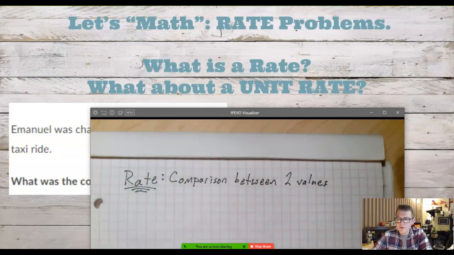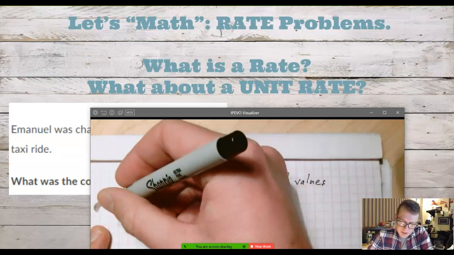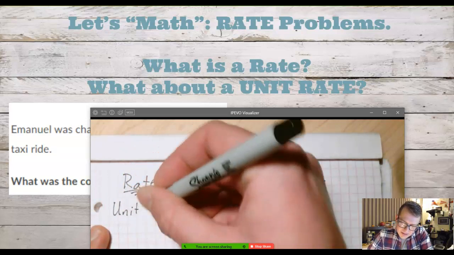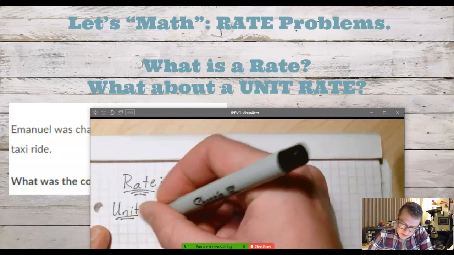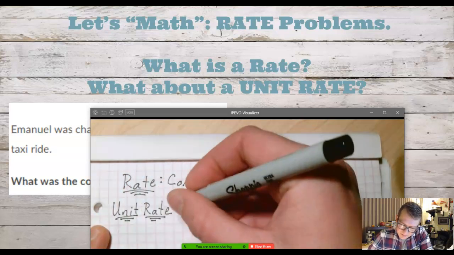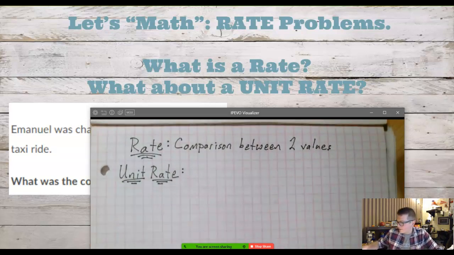Now, where we normally use rates is something called a unit rate. Anyone ever seen the word unit rate before? Miles per hour is a unit rate.